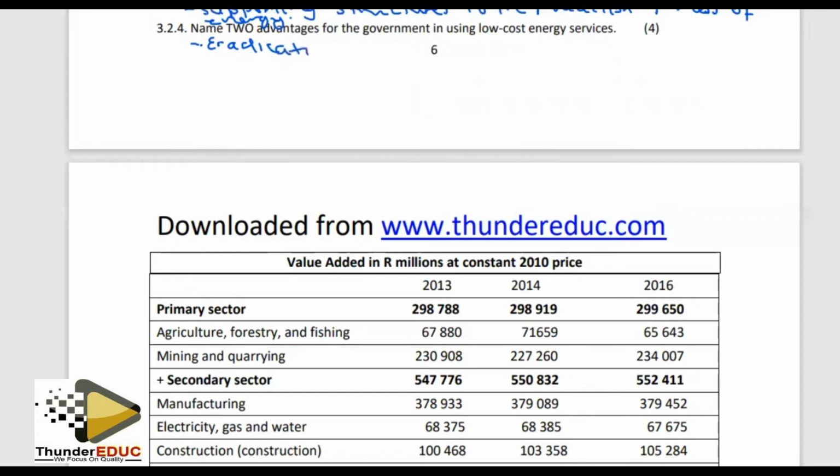It should be eradicating what? Poverty. Low-cost energy services will also ensure that we save the environment, because we shall not be burning fuel and coal too much.